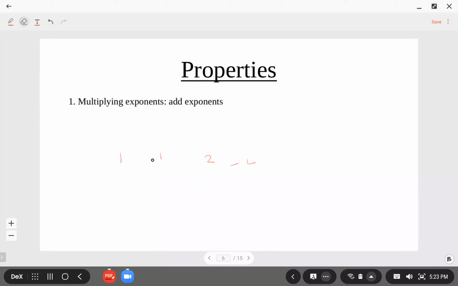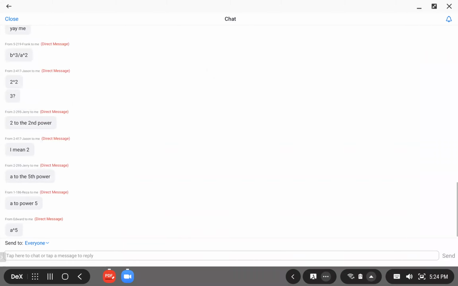So with this, what is a squared times a cubed? Please put your answer in the chat. What is a squared times a cubed? Okay, very good.